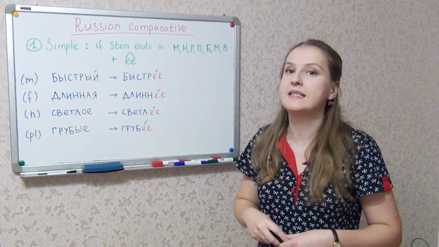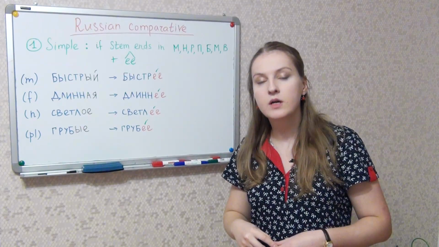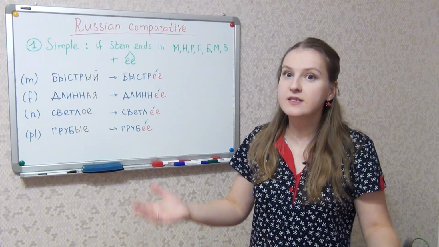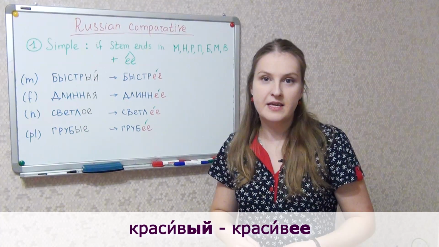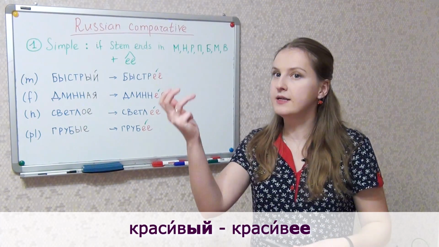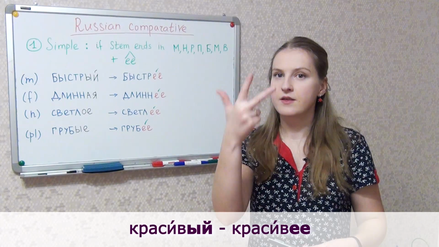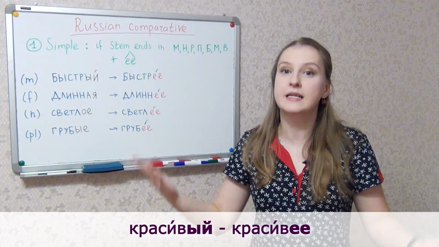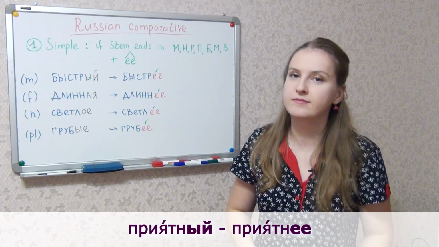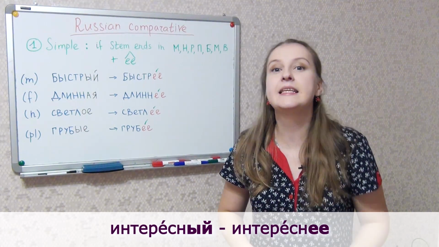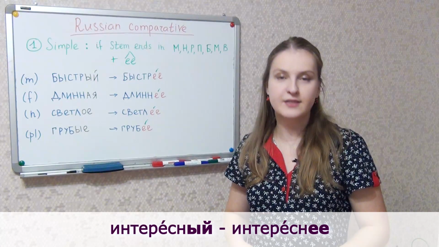However, if the word has 3 syllables or more, then the stress stays fixed. Красивый, 3 syllables, красивее. Приятный, приятнее. Интересный, интереснее. And so on.